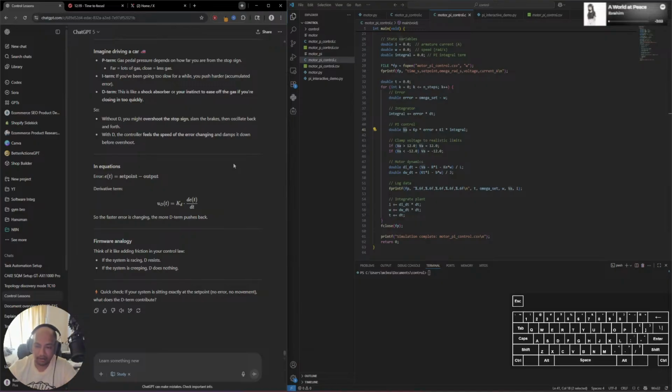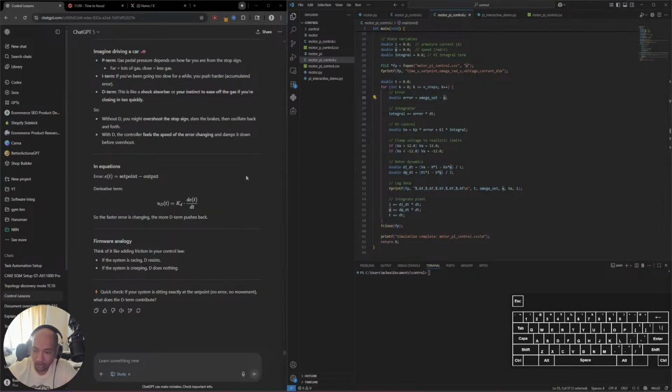Alright, anyways, in equations, error is e(t), which is equal to set point minus output. That's what we saw here. Set point minus output.